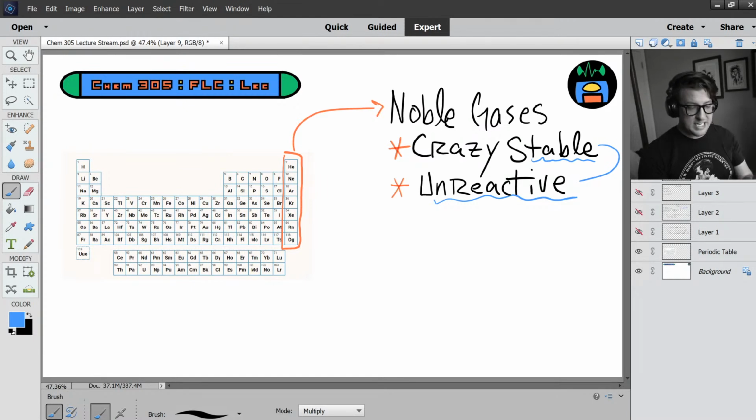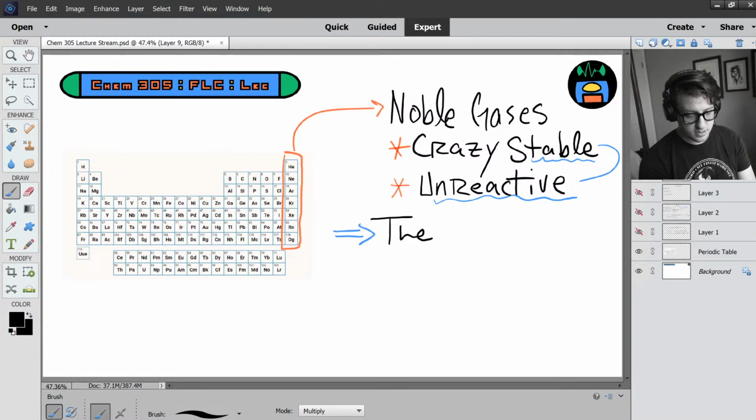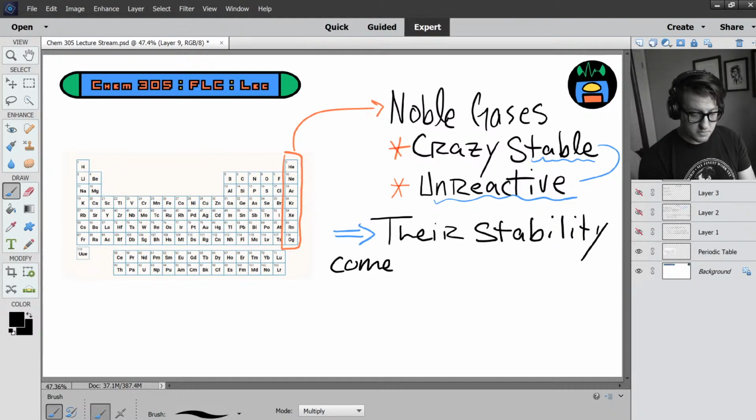And the reason why they're so stable, their stability comes from their electron configuration.